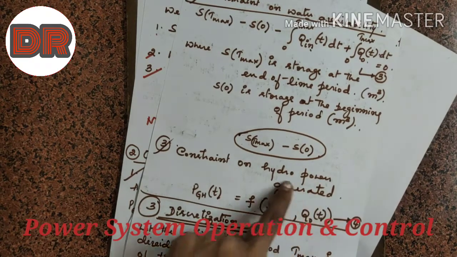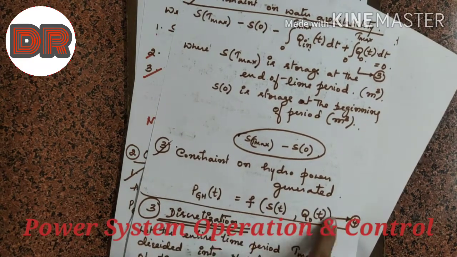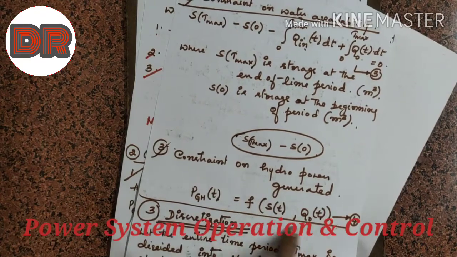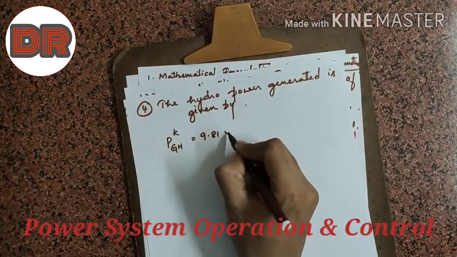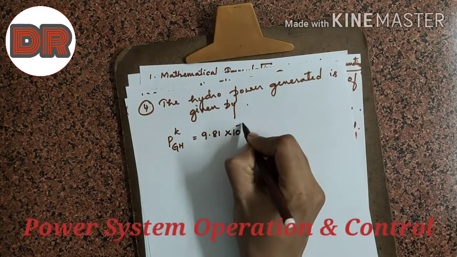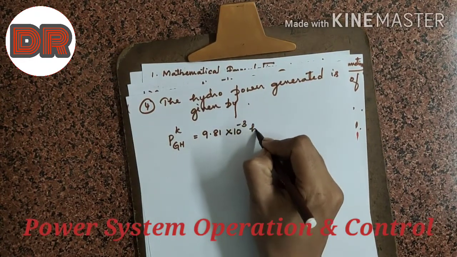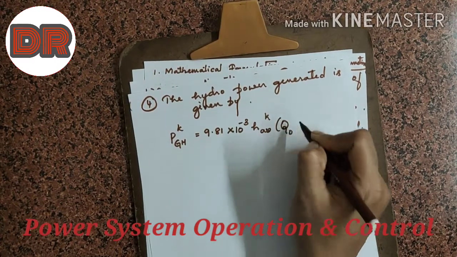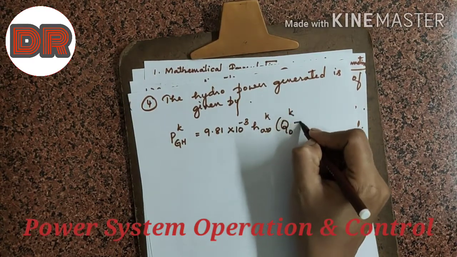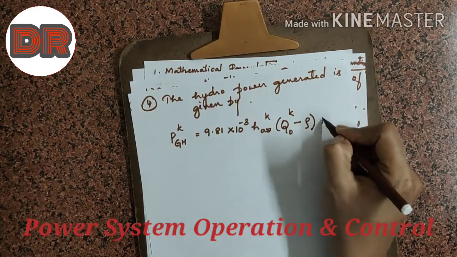So let me write the actual equation for this. Here it is said only as a function. The actual equation will be 9.81 into 10 to the power minus 3 HAVK into (Q naught K minus rho) megawatt.